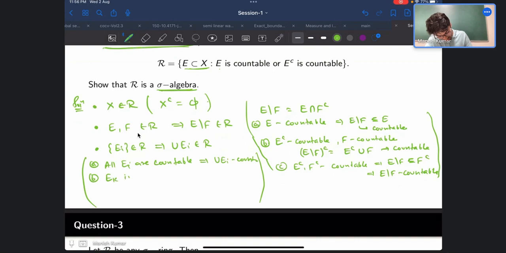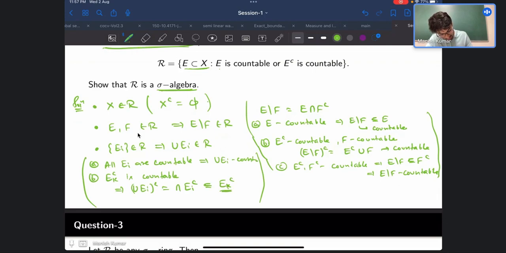The second case is, suppose one E_k complement is countable. I mean, this is the case where not all E_i are countable. Now when some E_k complement is countable, this would mean that the union of E_i, if I take the complement, will be the intersection of E_i complement, and this is a subset of E_k complement, right?